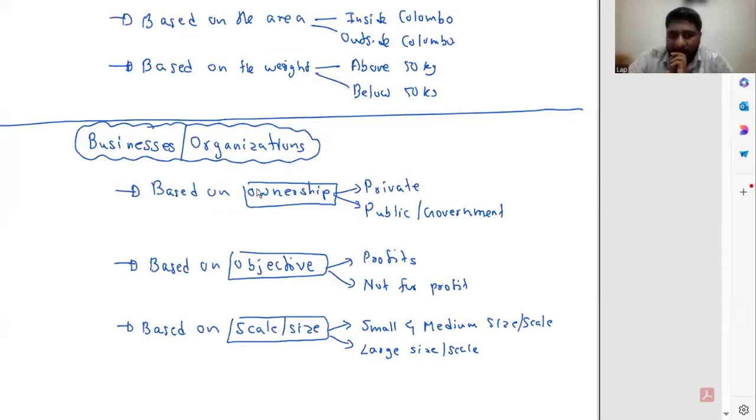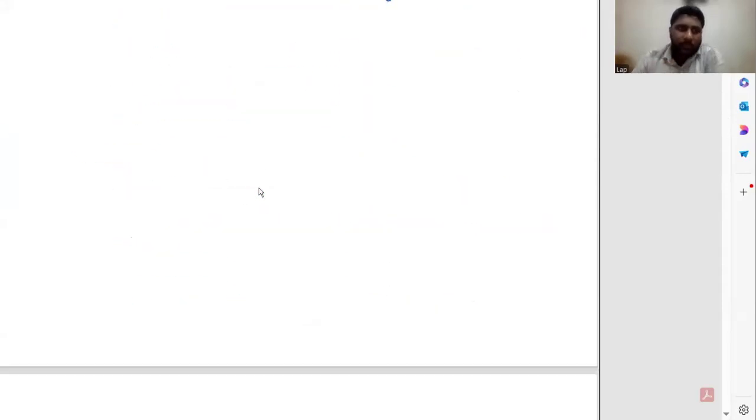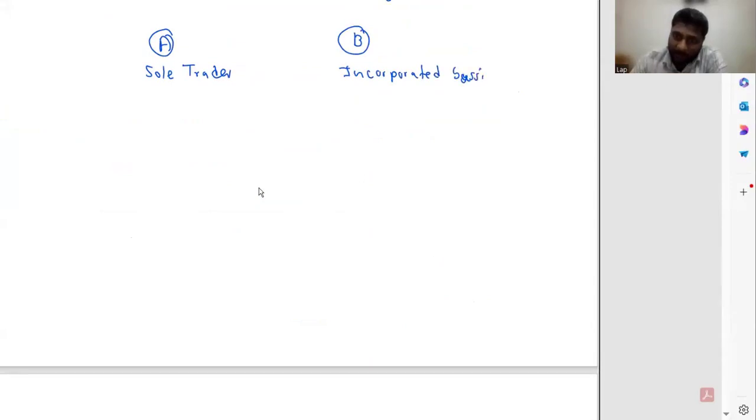Let me take an example. Now we'll assume company A is a sole trader business. Company B is a properly established incorporated business, like Dialog.